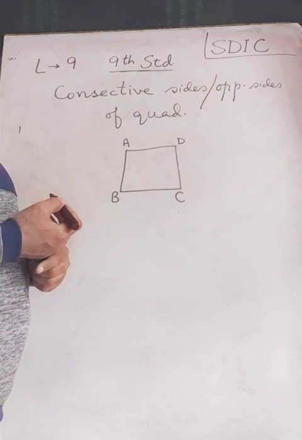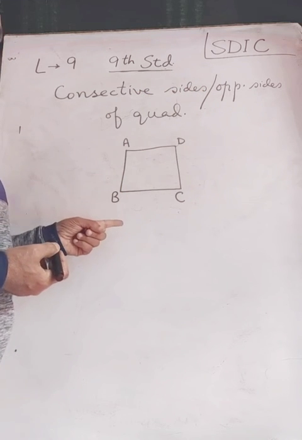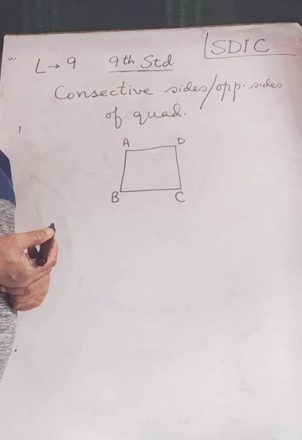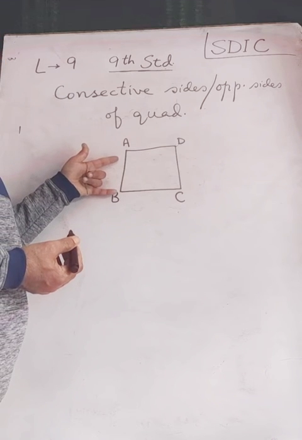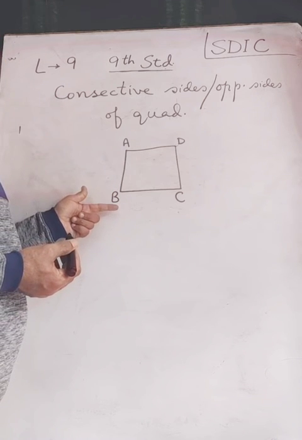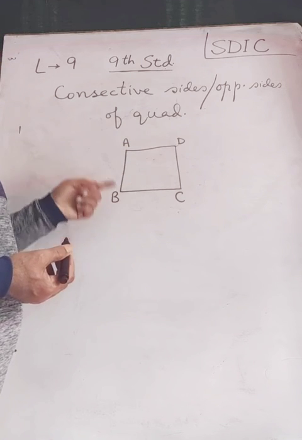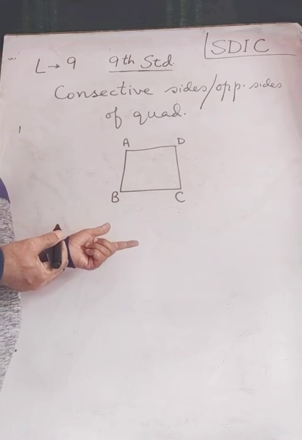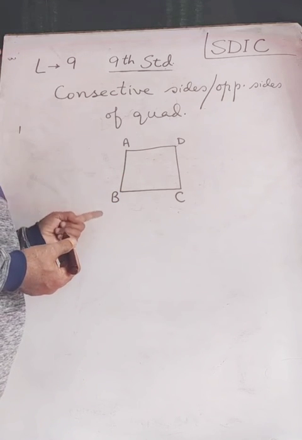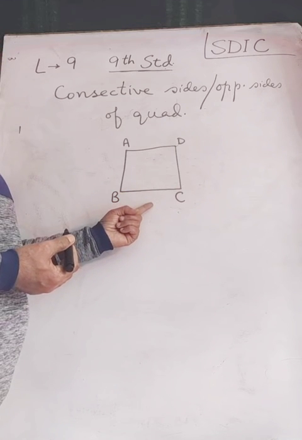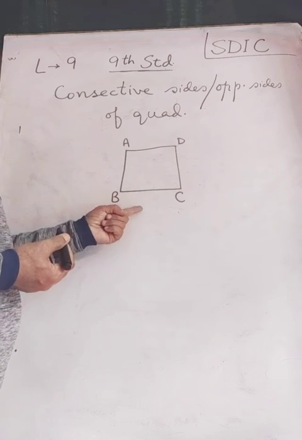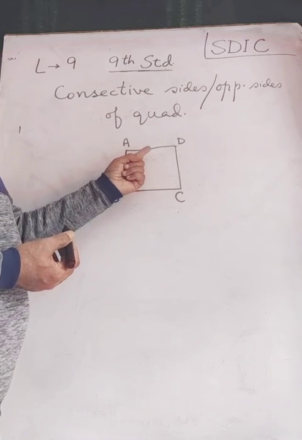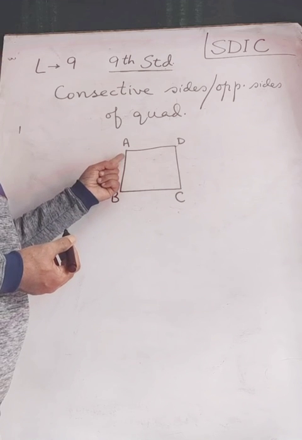Against this we have opposite sides. 2 sides of the quadrilateral which do not have any endpoint common are called as opposite sides. AB has 2 endpoints A and B. If I ask you out of the 4 sides, which other side of this quadrilateral neither contains A nor B? If you call BC, it contains B. It is the consecutive side. If you name AD, this AD again is the consecutive side of AB because A is now common.